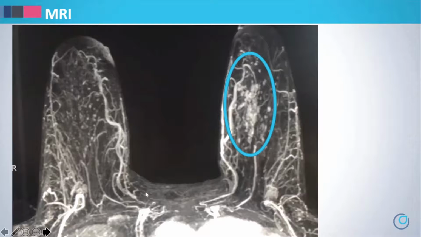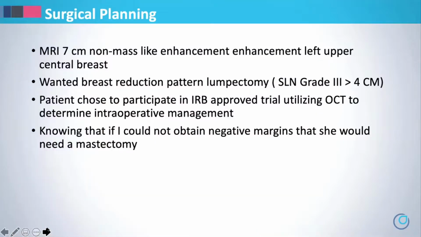Years ago, before we were doing nipple-sparing mastectomies on breast reduction patients, I would have been hesitant to do this, but I had the forward-thinking game plan that if we fail to get negative margins, we then have the next step, which could be a nipple-sparing mastectomy. So the MRI showed almost a 7 centimeter area of non-mass-like enhancement.